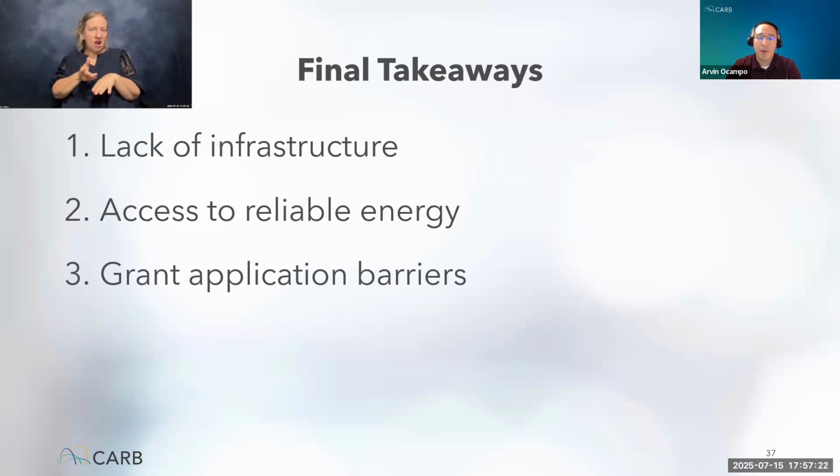While walking and biking were mentioned, the uneven and hilly terrain makes those modes impractical for regular use. Additionally, the remoteness of these communities presents significant challenges in building out reliable energy infrastructure. The high cost and logistical difficulties associated with these efforts continue directly into the next takeaway: access to reliable energy.